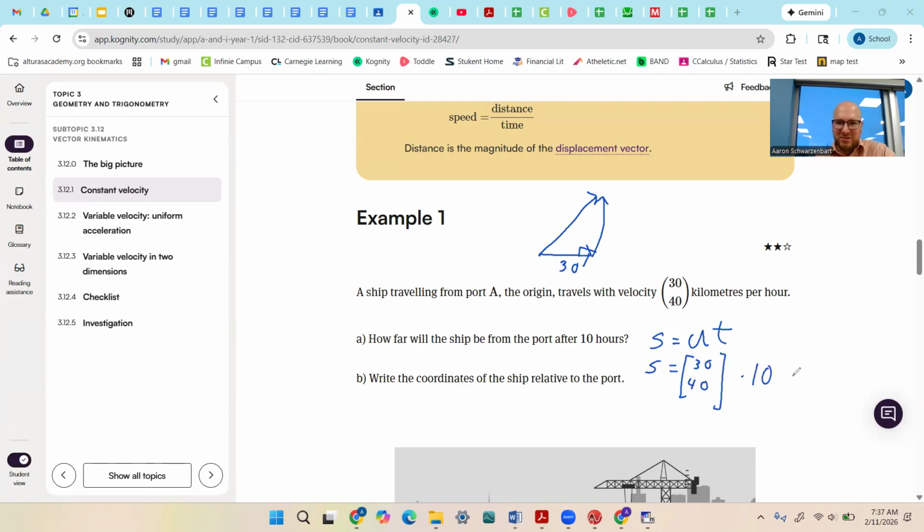So my position vector S is <300, 400>. The question was how far. So I used the Pythagorean theorem, right? Well, honestly, that was easier. It's already done. Now I use the Pythagorean theorem. 300 squared plus 400 squared is 500 squared, or 500 kilometers from port.